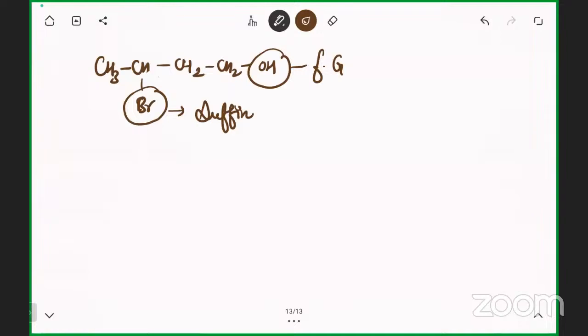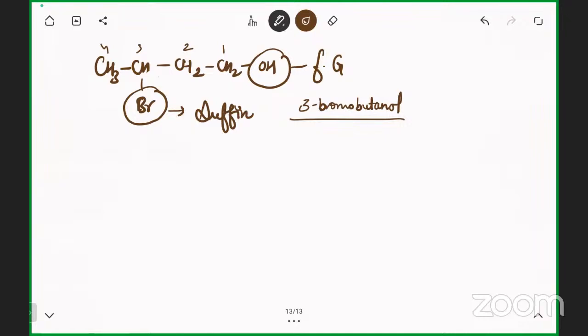For example, let me write the name. It will be 1, 2, 3, 4. 3-bromo, 4 carbon, butane. OH is present, so butanol. 3-bromobutanol. So I'm writing the names like this. See, the primary prefix I have not added just because this compound is not cyclic in nature.